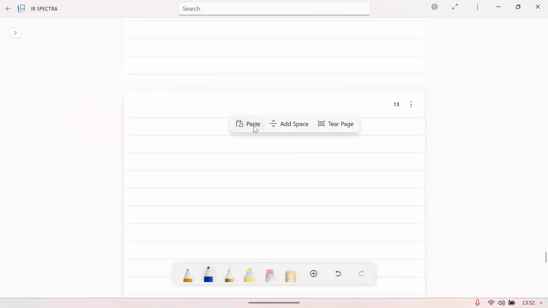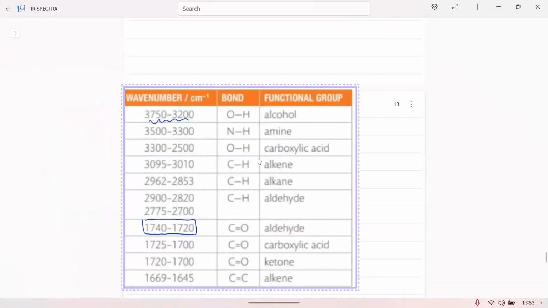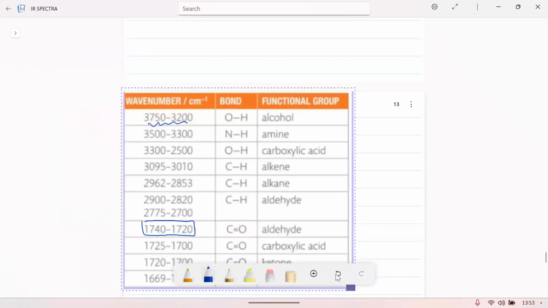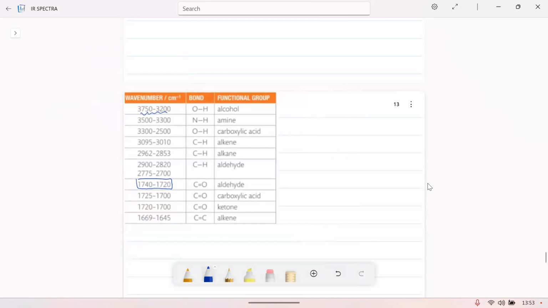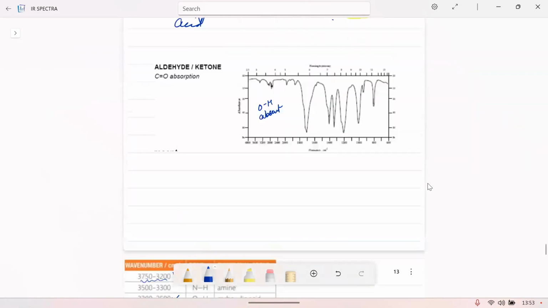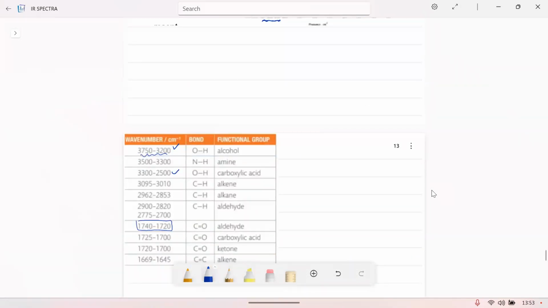The alcohol peak is around 3,750 to 3,200, and for carboxylic acid, the OH peak is around 3,300 to 2,500. So it should be somewhere around this region, which is 3,000, and there is no peak for this. This is a peak for C double bond O, which should be somewhere over here, 1740 to 1720.